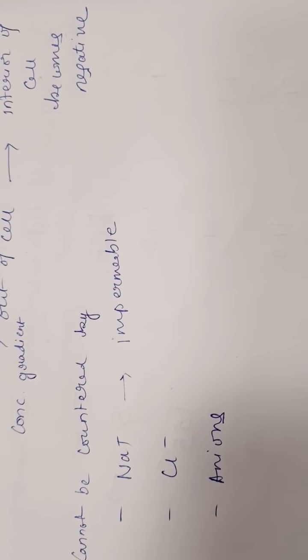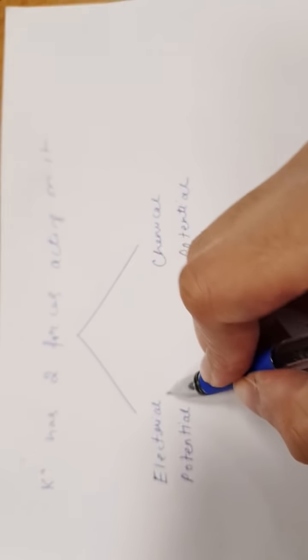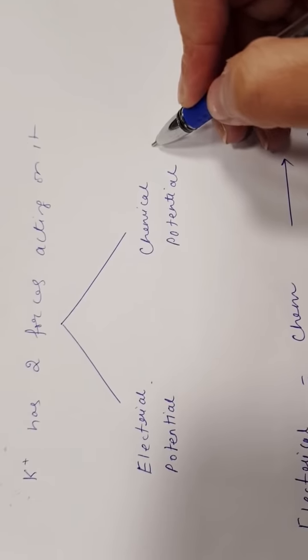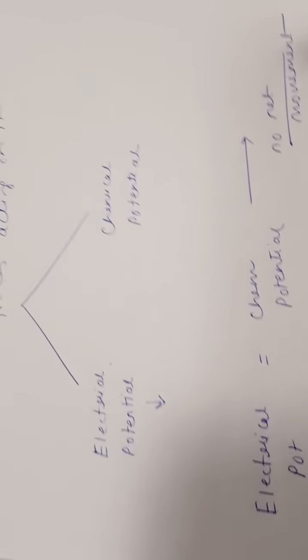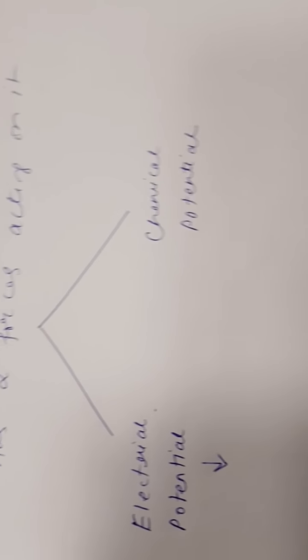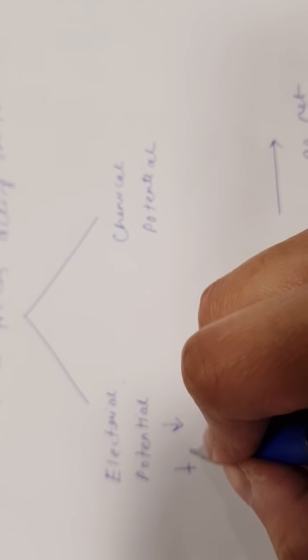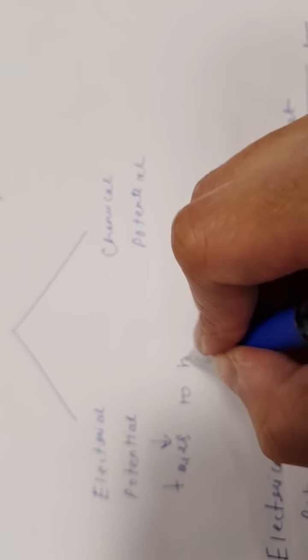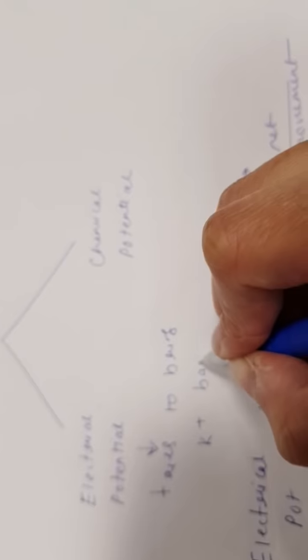At a point, what is happening? The potassium has two forces acting on it: the electrical potential and the chemical potential. What is the electrical potential? Electrical potential is due to the negativity inside the cell. It tries to bring potassium back into the cell.